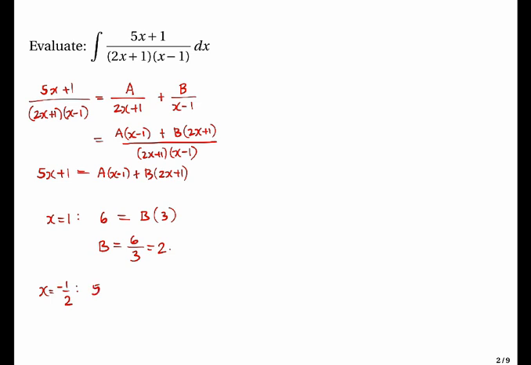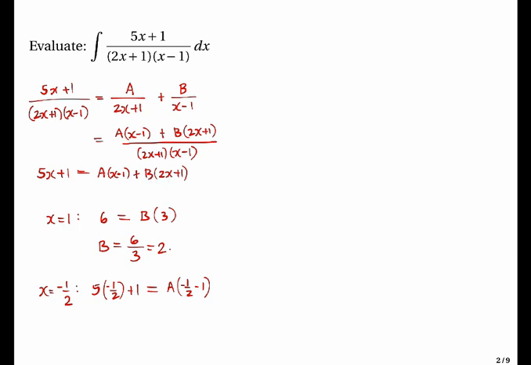You have 5 times negative 1 half plus 1 on the left hand side. On the right hand side, we will have A times negative 1 half minus 1. And as I have said, this term, 2 times negative 1 half, that's negative 1 plus 1, becomes 0. So this term will vanish.